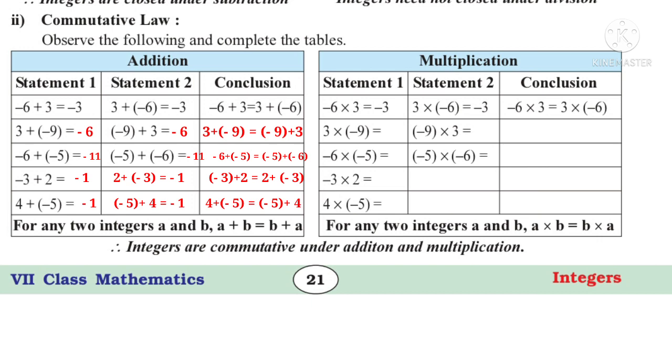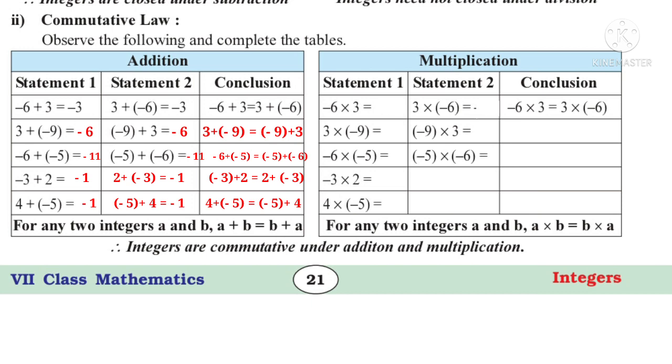So 4 plus minus 5 is equal to minus 5 plus 4. From the above examples, we observe that adding any two integers and interchanging and adding the same integers give the same result. So for any two integers, a plus b is equal to b plus a. Therefore, integers are commutative under addition.